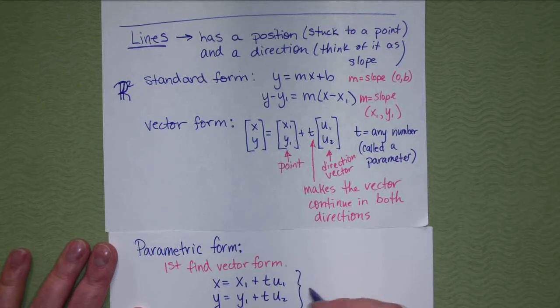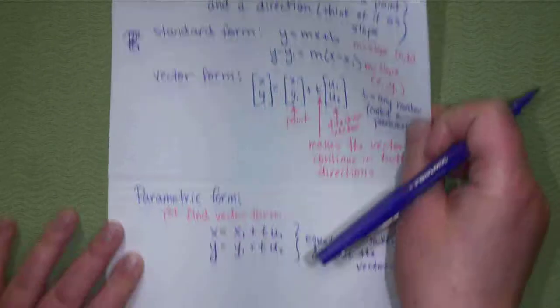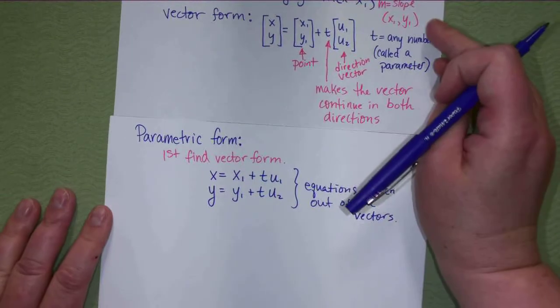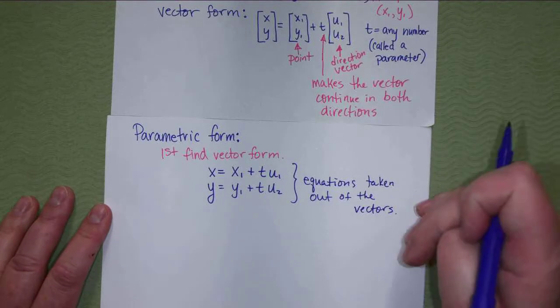So they're just the equations taken out of the vectors. So if it says, find the parametric form of the equation of the line, you'd first do vector form and then just take them out.